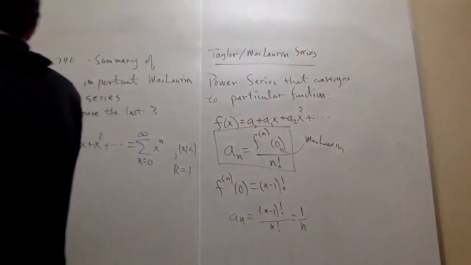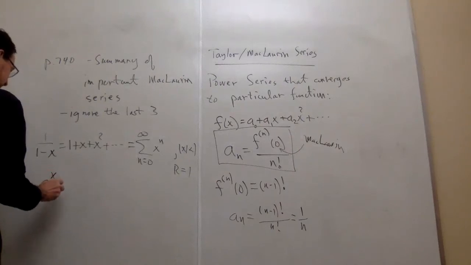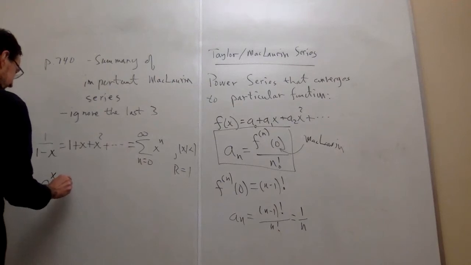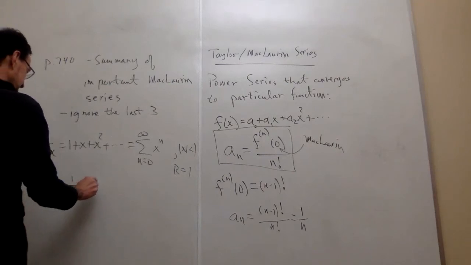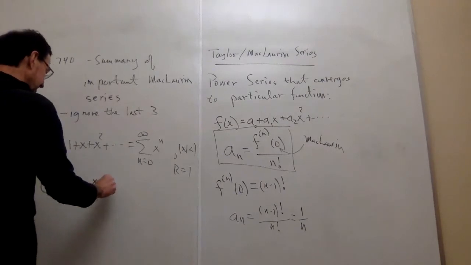And then they have the most important, here's the single most important Maclaurin series. It's the one for e to the x. Let me write out all the factorials, even though we could simplify them. I'll write it both ways maybe.